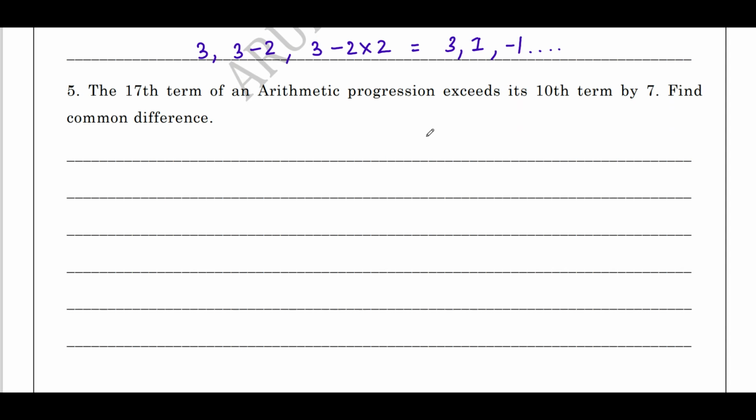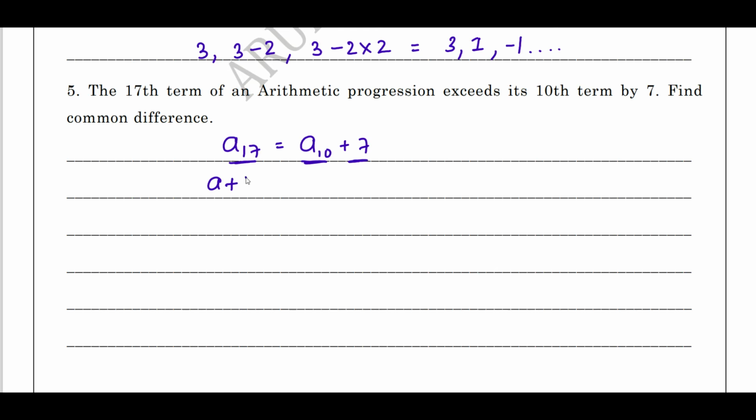Fifth question. The 17th term of an arithmetic progression exceeds its 10th term by 7. Find the common difference. So write down the given condition. 17th term exceeds the 10th term by 7. So the 17th term is 7 more than the 10th term. What is a17?